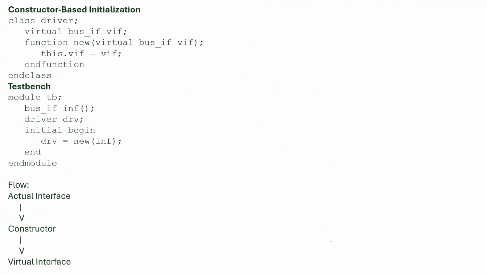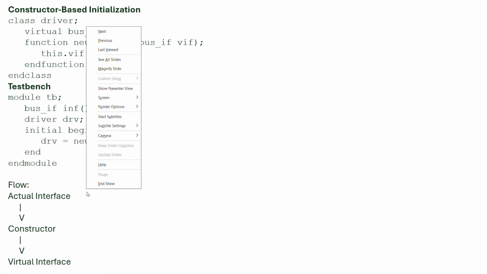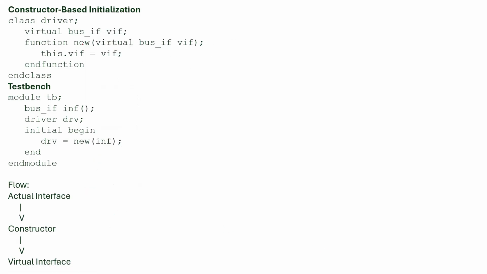So, constructor initialization. So you know how in the virtual interface, whatever the virtual interface we are taking, in the constructor also we are passing some arguments like this. See, bus virtual interface, so VA virtual bus interface VA.